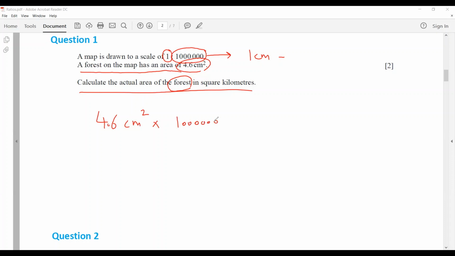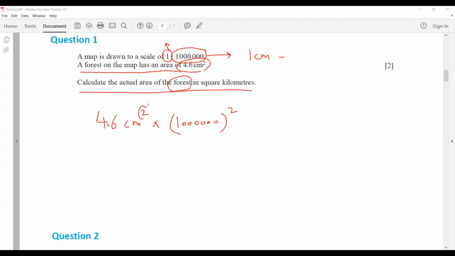However, 1 cm is 1 million cm, right? But this is cm square. So that's where most of the students forget to raise this to the power of 2. So I repeat again, 1 cm on the map is equal to 1 million cm in the forest.